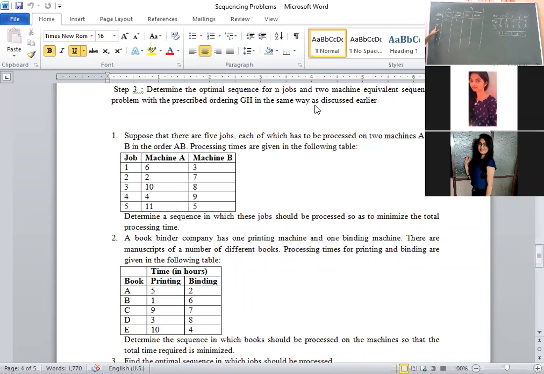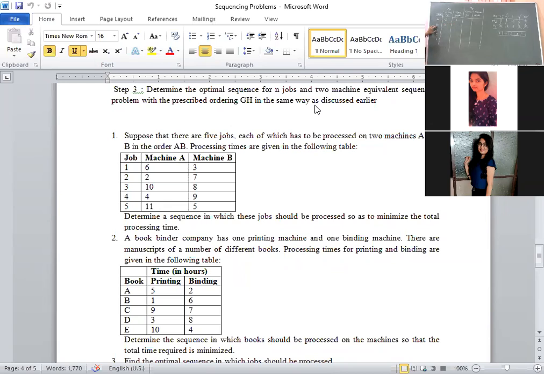Then machine A enters into job 4. Job 4 will be performed. After completion of the second job, immediately machine A will perform the fourth job. That's why immediately after the second hour, these 2 hours will come here.